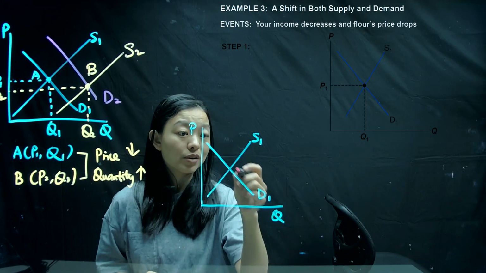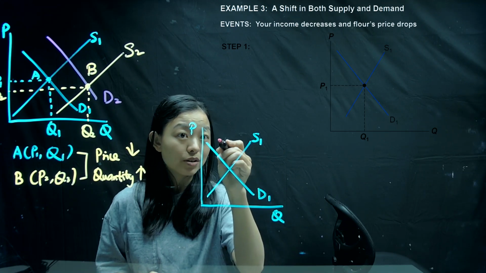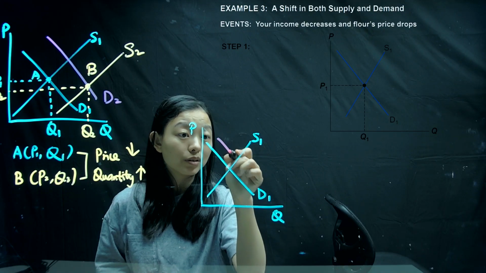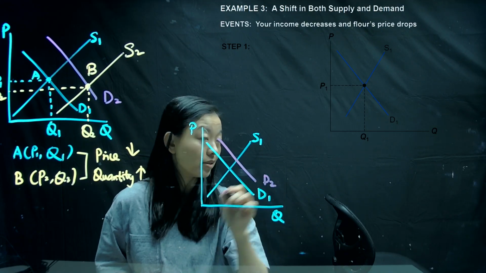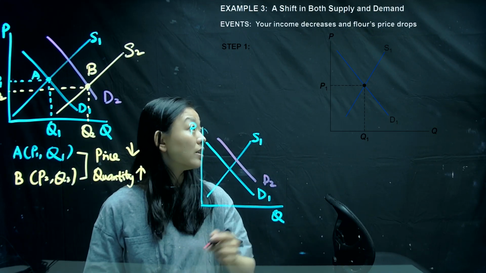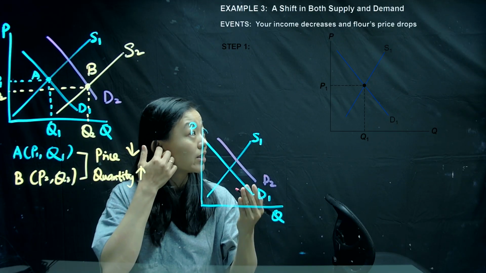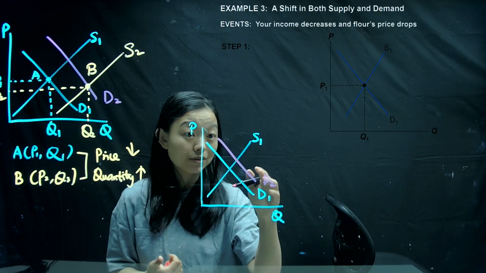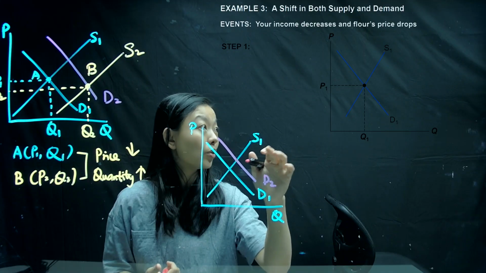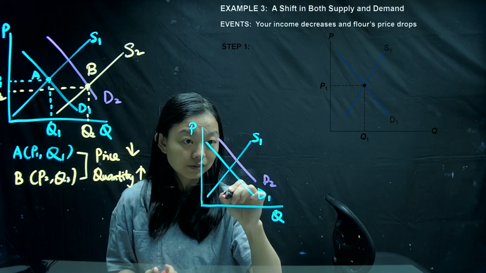Income decrease will shift the demand curve of frozen pizza to the right-hand side. This is our D2, okay? And flour, the major input to make frozen pizza, the price of the flour decreasing will also shift the supply curve to the right-hand side, okay?